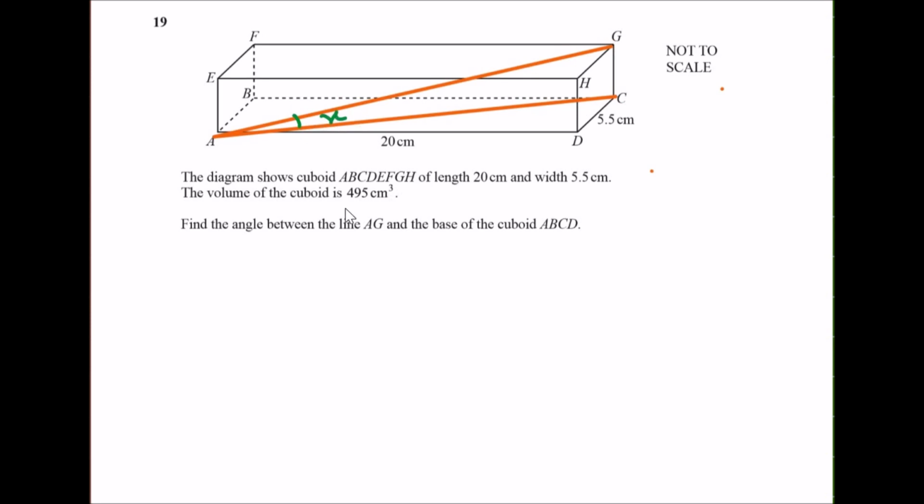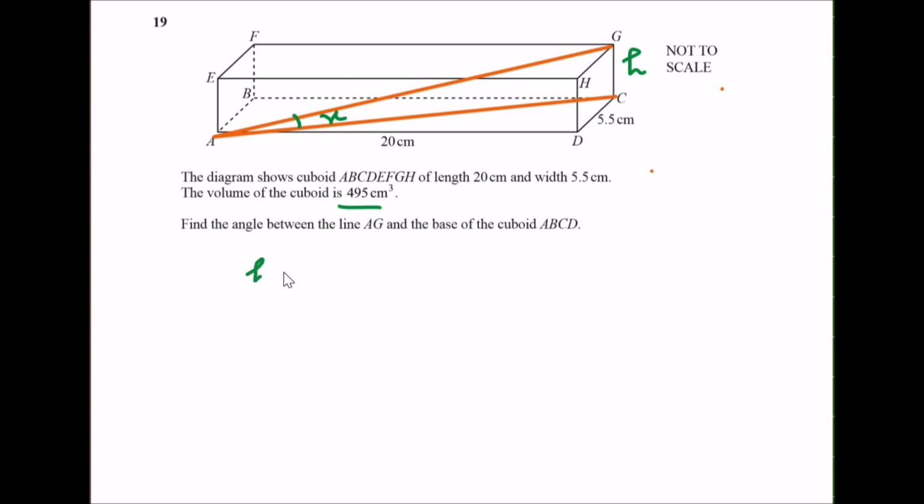If this is x, let us set x. Okay, this angle we have to find. If we have to find that angle, first of all at least 2 sides are required to apply SOH CAH TOA. Okay, here volume given, and so height is missing here, right?